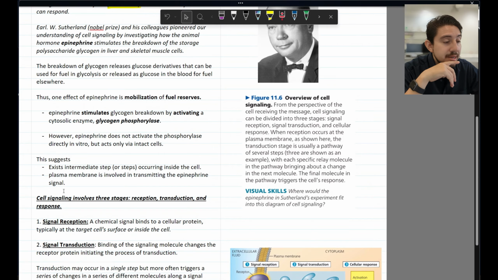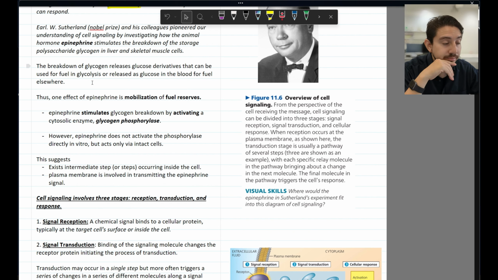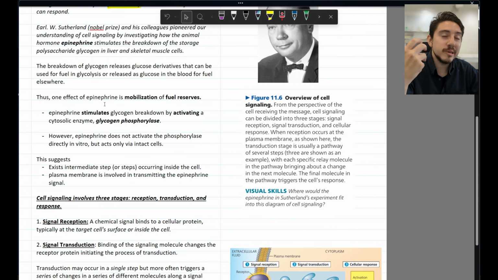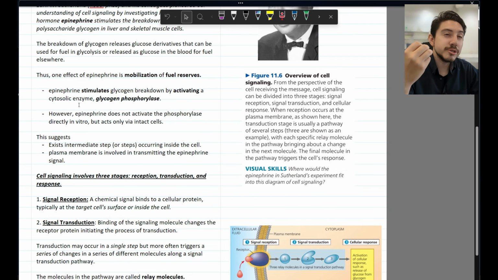Ultimately, we know that glucose will be sourced from glycogen to undergo glycolysis, into the blood or be used as fuel in general. Okay, so epinephrine in itself is the mobilization of fuel reserves.